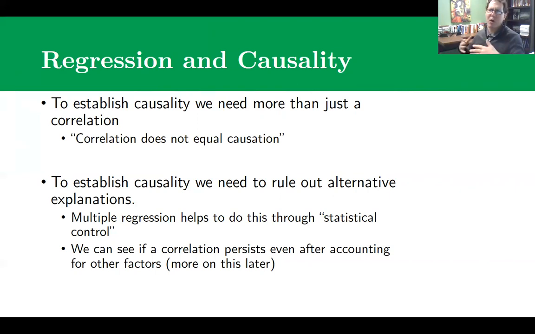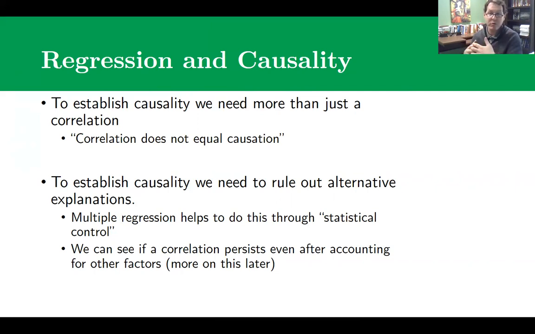And if we're going to nail down causality and make an argument that two things are linked in a causal way, we need to rule out all those alternative explanations. Multiple regression gives us a way of doing that. We can build those other factors, like temperature, into our analysis, which can help us rule them out as potential explanations.